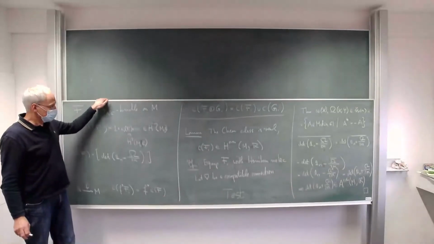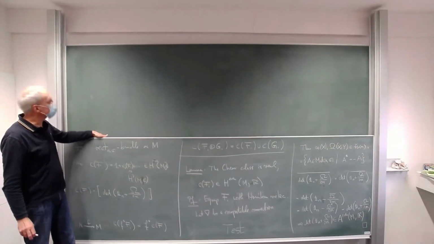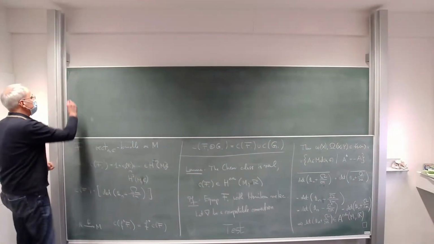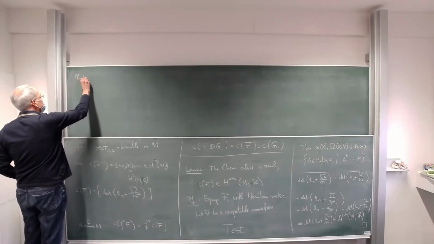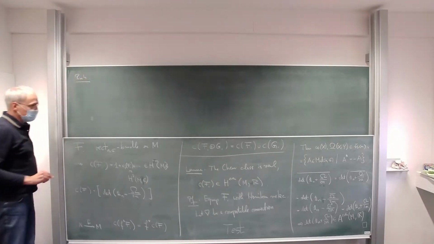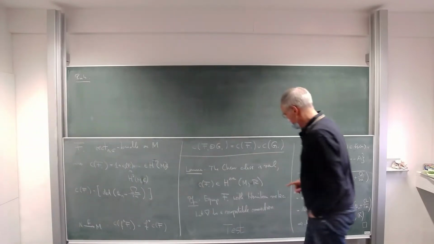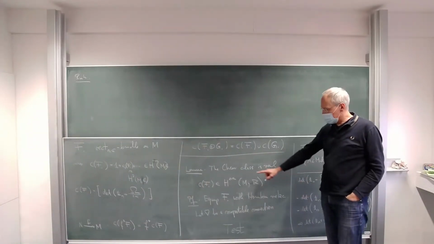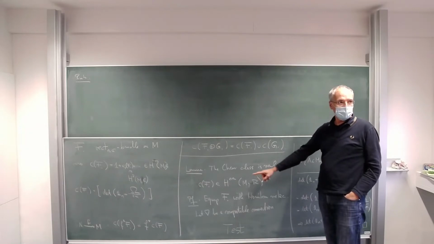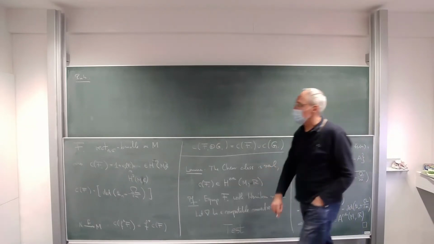And the 2 pi also has an explanation, but that's not something I'm going to prove here. Namely, actually more is true. In fact, this Chern class is not just a real valued cohomology class, it's actually an integral cohomology class.